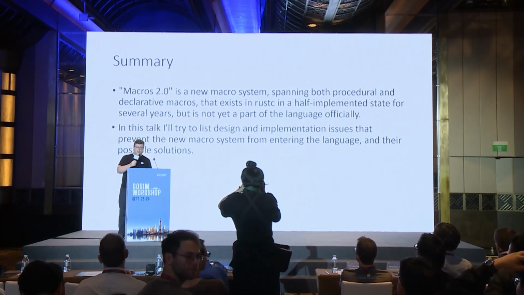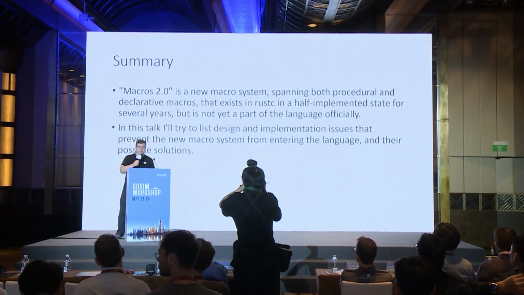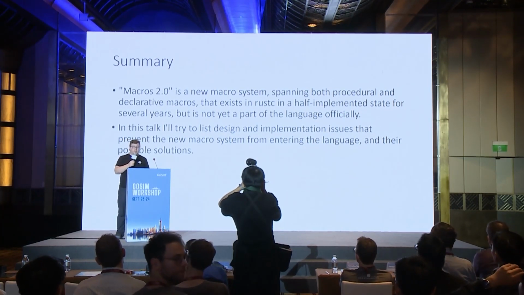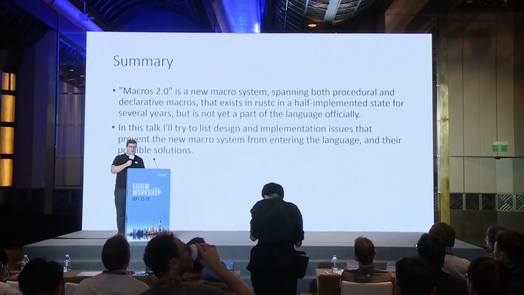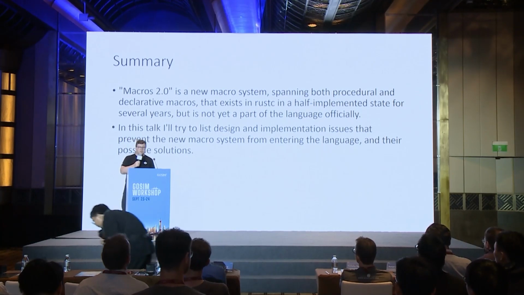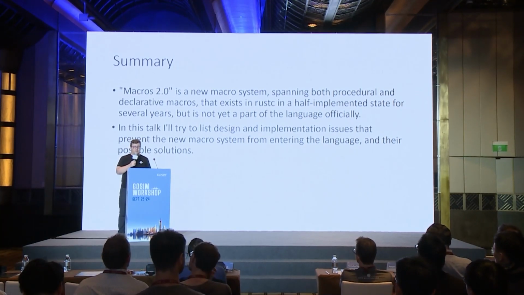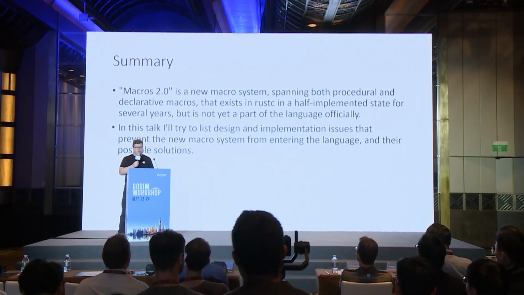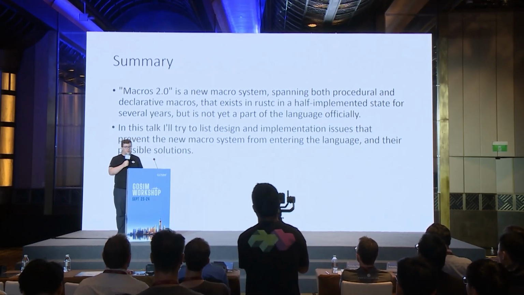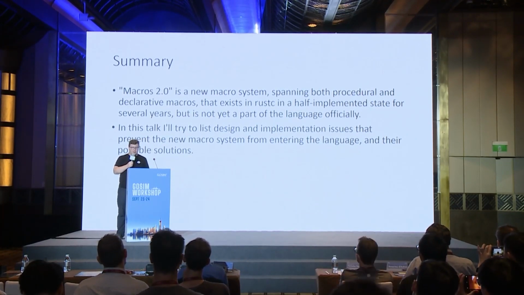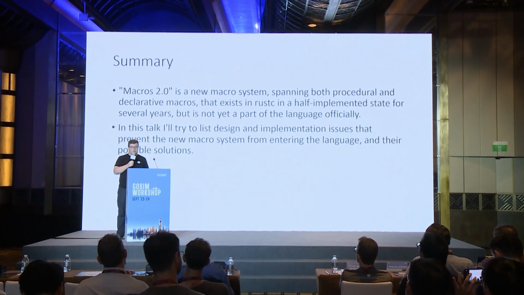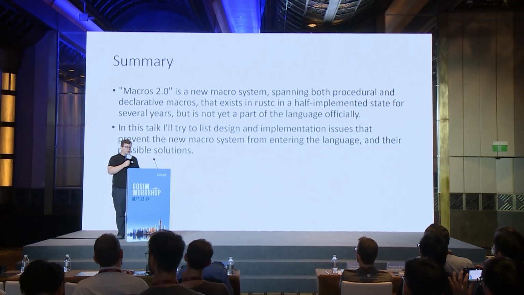And macros 2.0 is a new system that spans both procedural and declarative macros, and it is sort of implemented in the compiler, but not completely. There wasn't progress on this system for some time, so it still cannot be stabilized. And I will talk about its existing design and possible issues for stabilization.